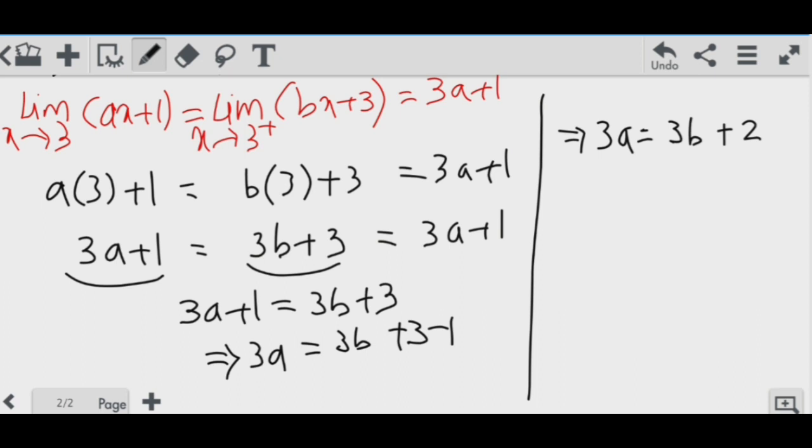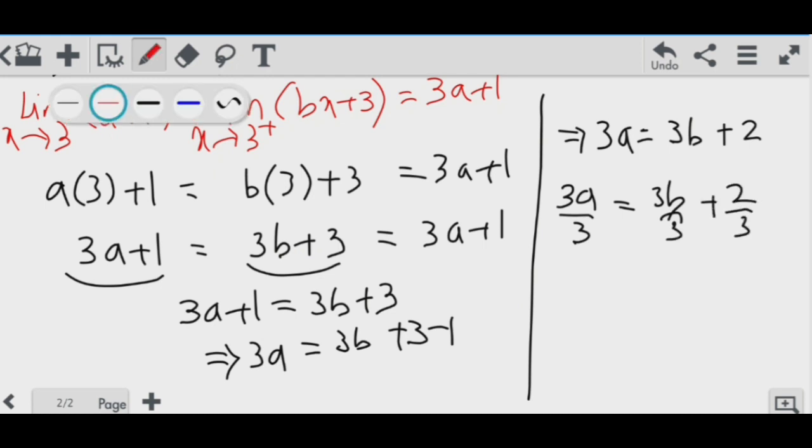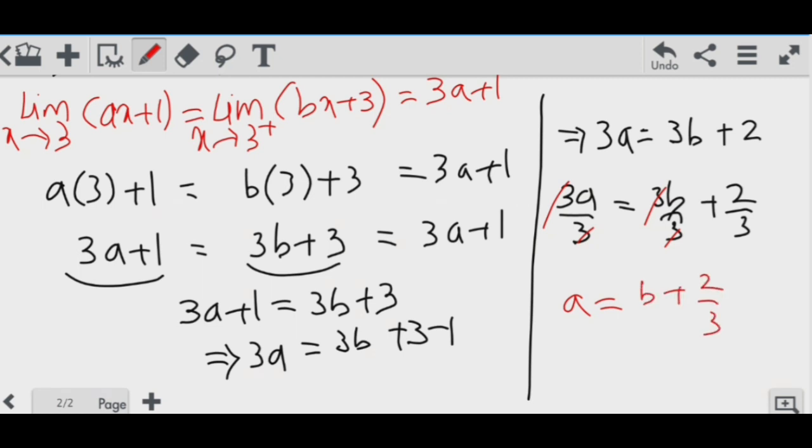Dividing both sides by 3, we get 3a by 3 is equal to 3b by 3 plus 2 by 3. 3 and 3 cancel, 3 and 3 cancel. Therefore, the required relation is a is equal to b plus 2 divided by 3. This is the required relation between a and b.